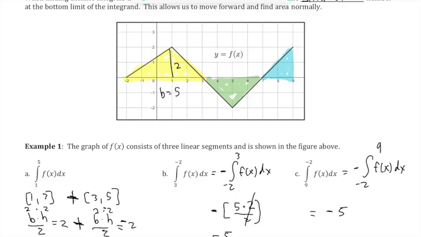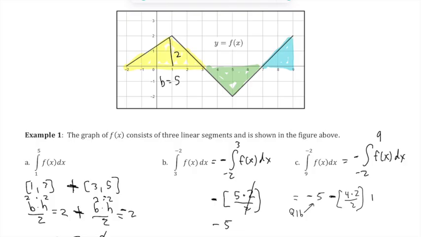And again, that's from question 1b. And then I'm going to subtract the area of the green triangle because it is below the axis. And my base there is going to be 4. My height is 2 over 2.